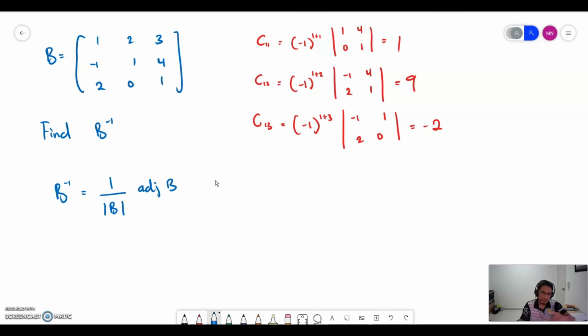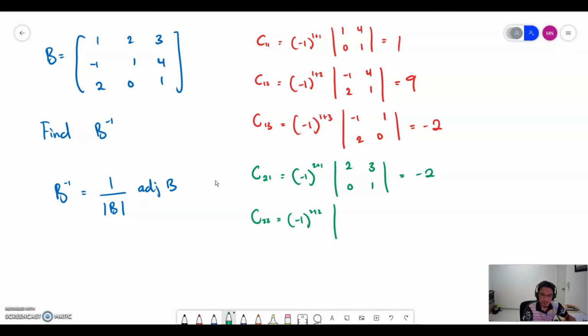Now we have finished the first row. Now let's do the second row. C21, so negative 1 to the power of 2 plus 1. The second row, first column, so we have 2, 3, 0, 1. So this is also equal to negative 2. C22, 2 plus 2, 1, 3, 2, 1.